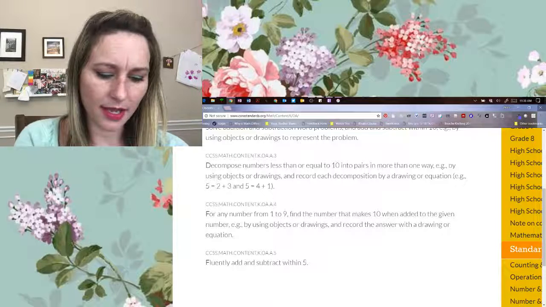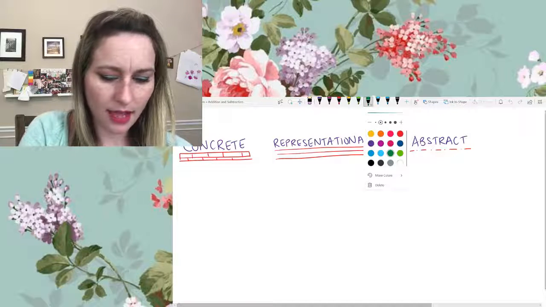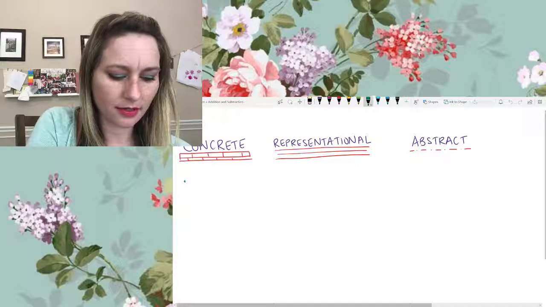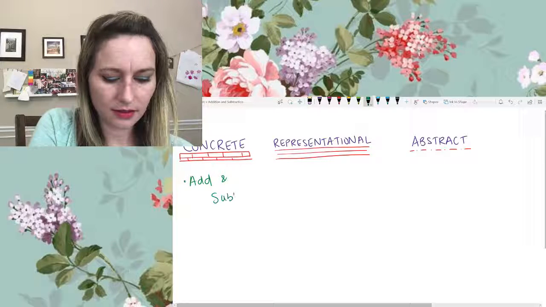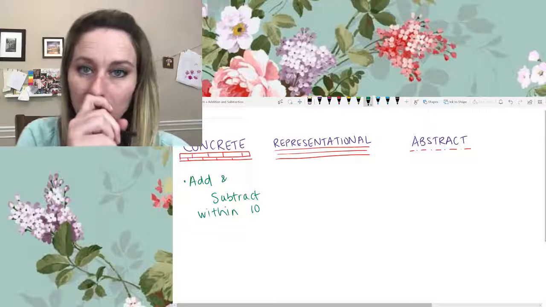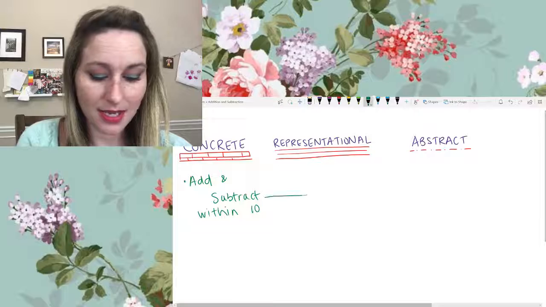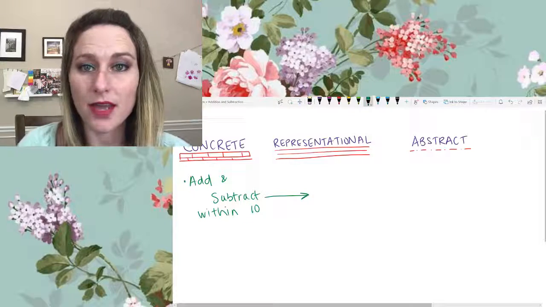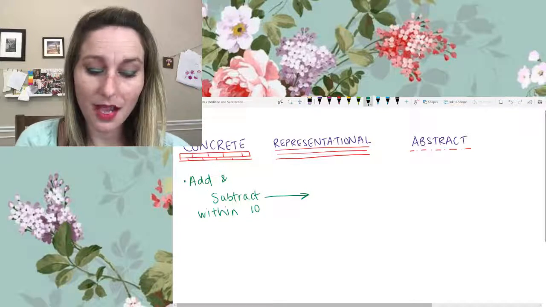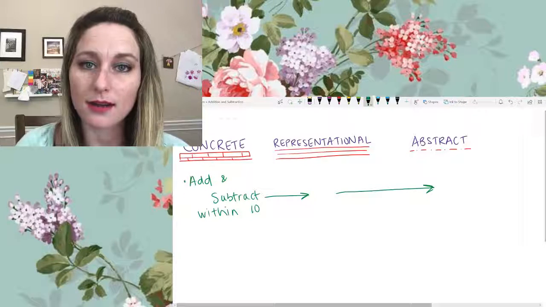So what does this all look like? We expect students to have concrete understanding of adding and subtracting all within 10. This means they can build a concrete model accurately, and they can represent it with a drawing or a picture. And when they're ready, and if they're ready, we push them into abstract.